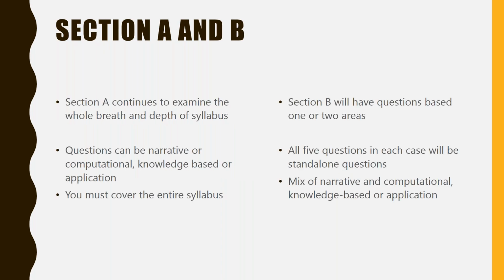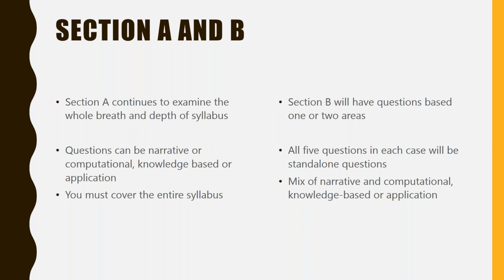So what does Section A have? Well, this continues to examine the whole breadth and depth of the syllabus. The questions in Section A could either be narrative or computational, and I'll go through a computational and a narrative question and the approach to that. With this wide breadth of the syllabus, you have to be able to cover your whole syllabus to negotiate this in the exam.